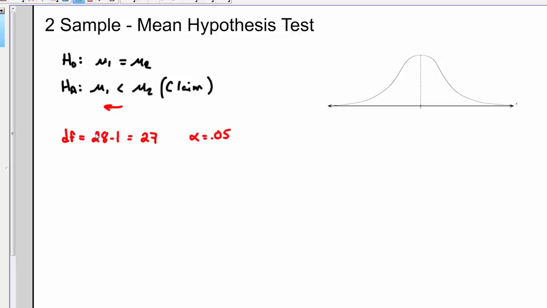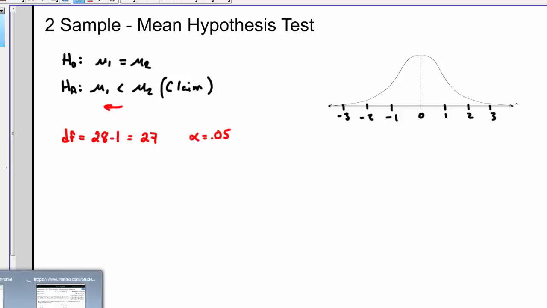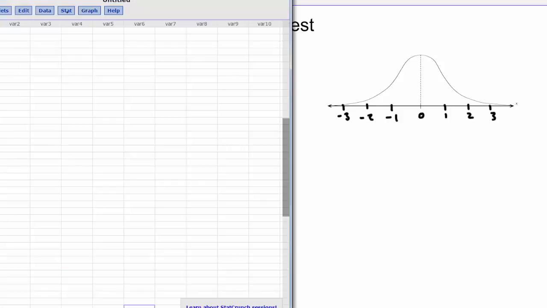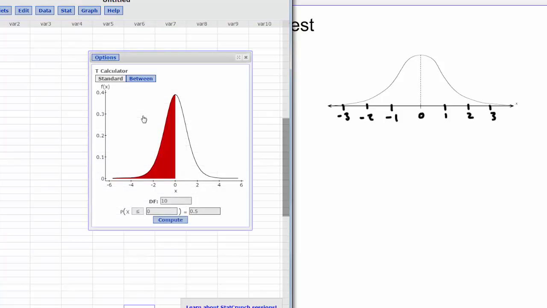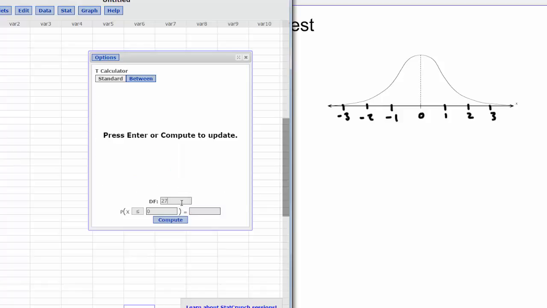I always like to get the critical value, get an idea, get a picture, get a visual. Where does this rejection region start? Critical values come from the calculator in StatCrunch. So stat, calculators, T. Degrees of freedom was 27.